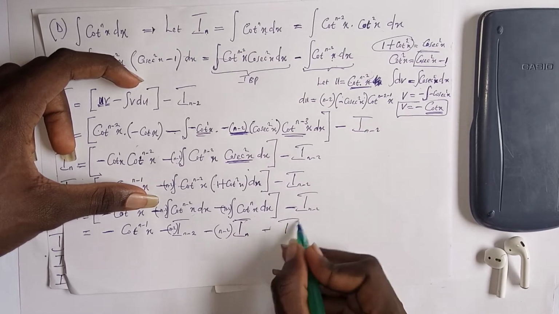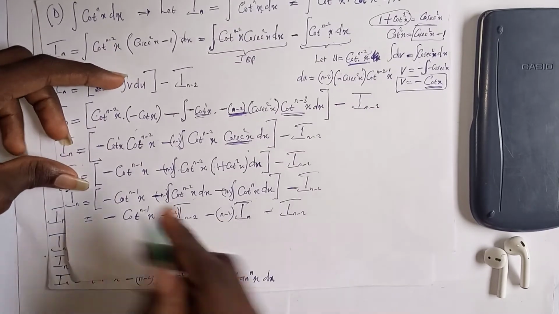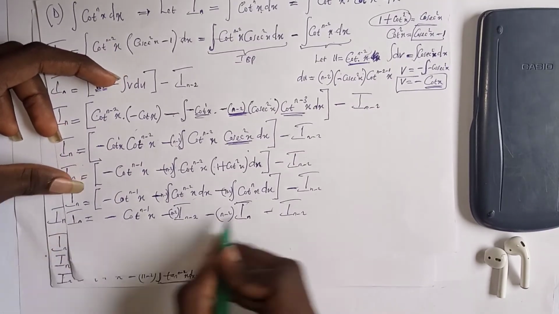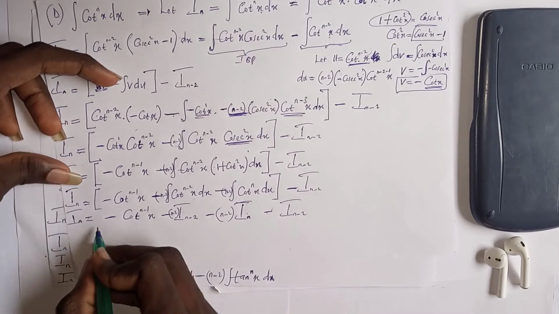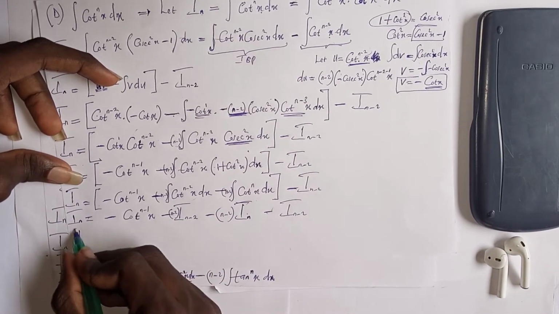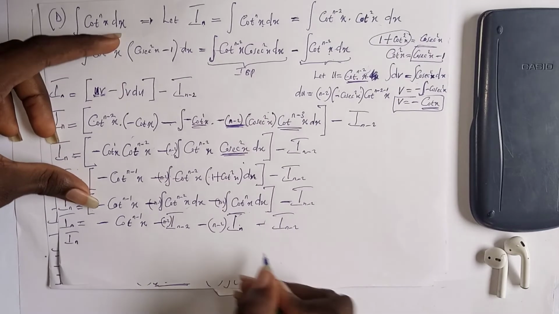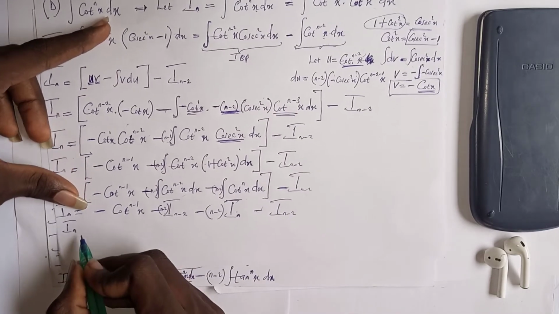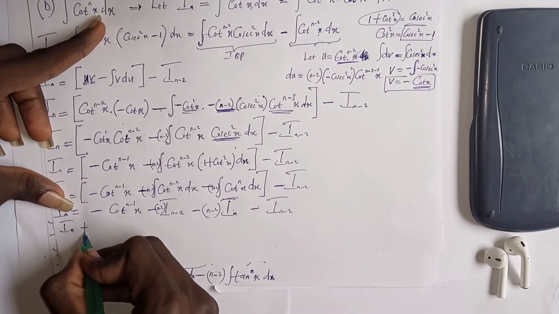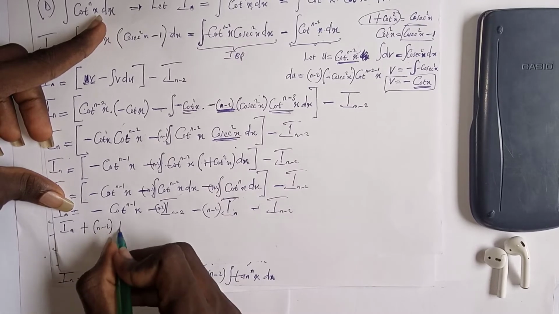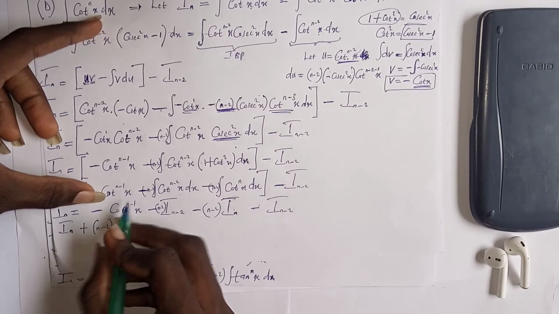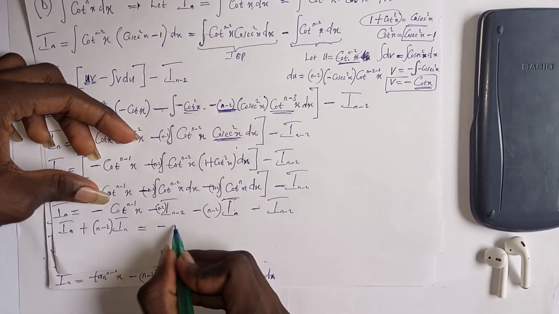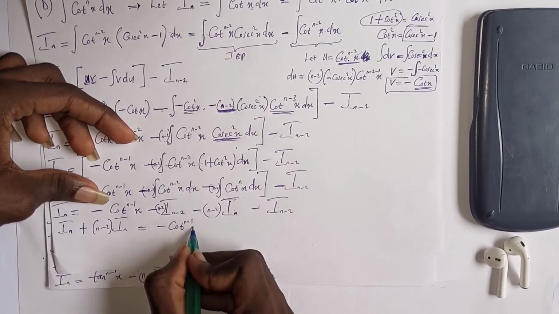In, then finally with this in minus 2. So I have in here. This in and this in mix up together. So when this goes like this, I'm going to be having in, right? This comes like this: in plus n minus 2 of in equals, here in this case I'll be having my negative of cot of n minus 1 of x.